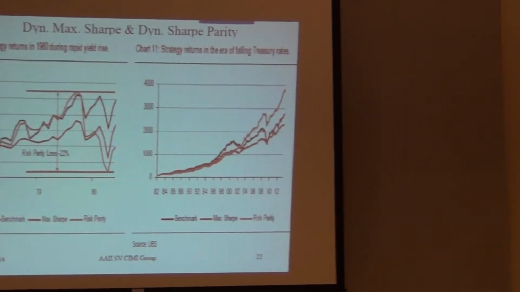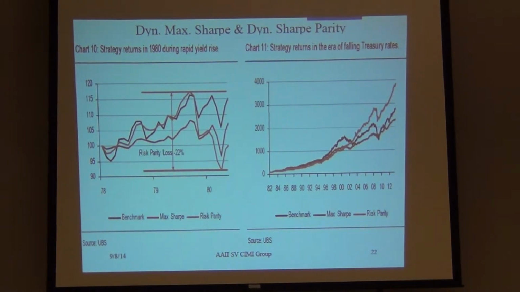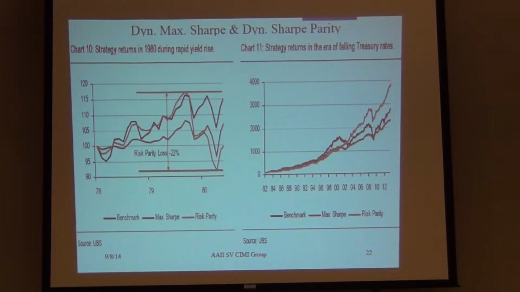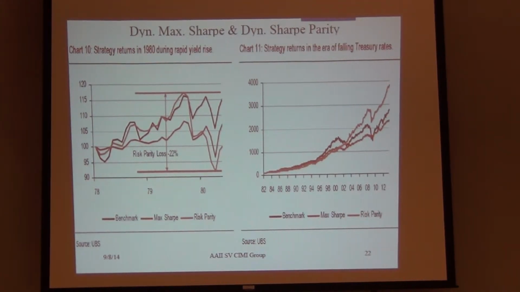MinVar might not look that good, because you could get a double whammy. What they point out on this slide is back in 79 and 80, sorry, the colors here are horrible, but effectively risk parity lost 22% because you had a very quick change in interest rates, and you got slammed if you were heavy into risk parity because you were moving into bonds and bonds fell.